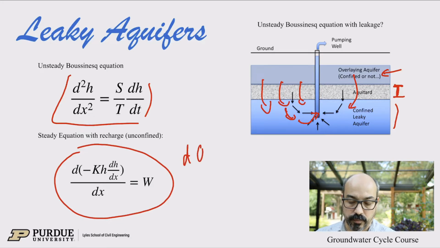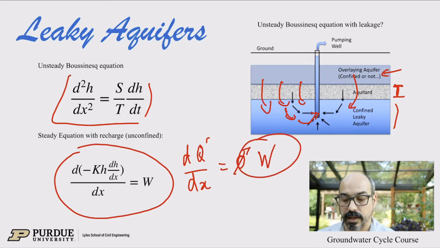Remember that dq prime/dx equals 0. In this case, it's not 0, it's actually something, and now we have to figure out what that something is. That something is the recharge, now not from rain, but from that leaking unit, the aquitard.